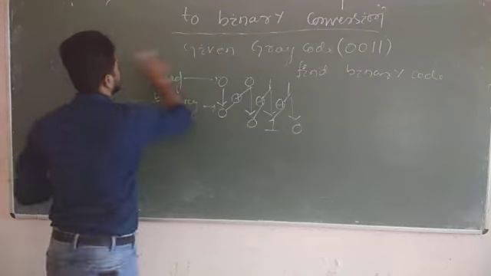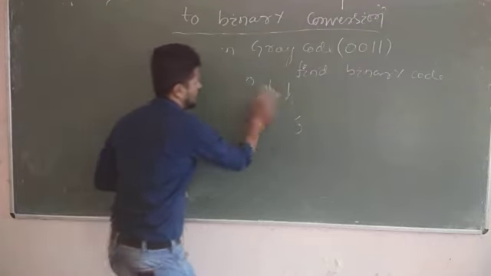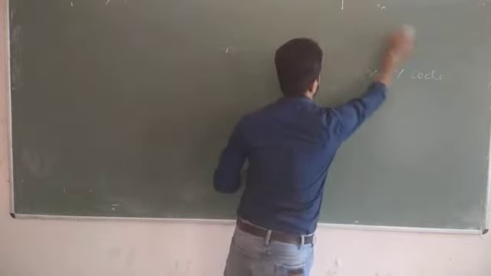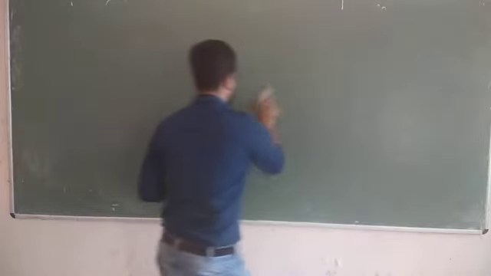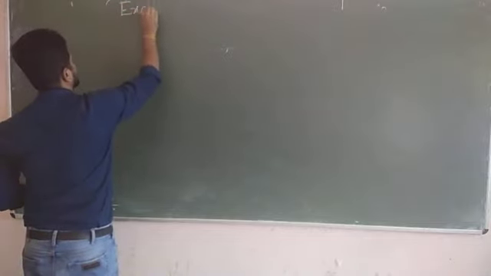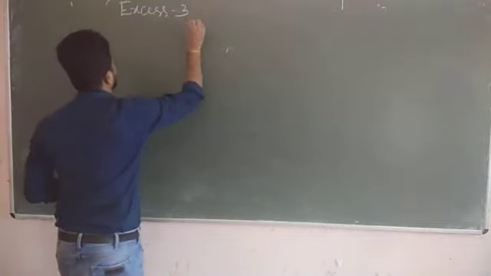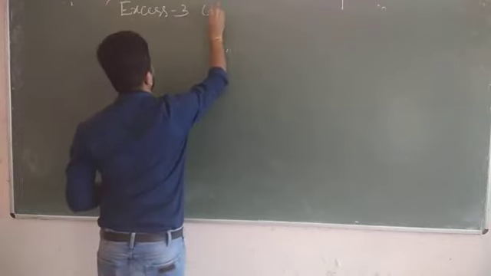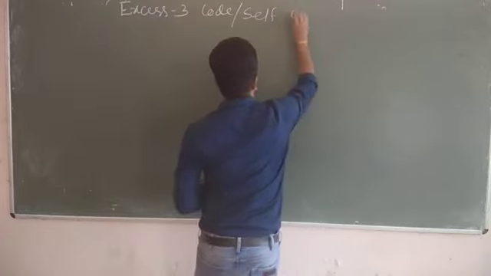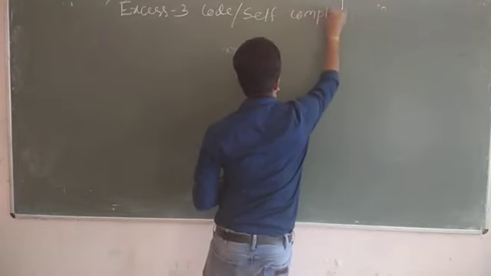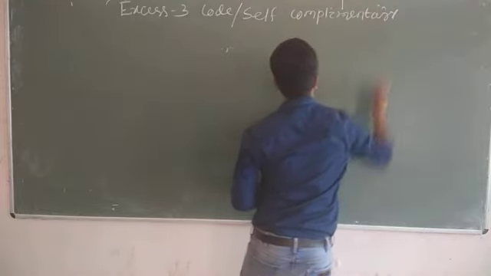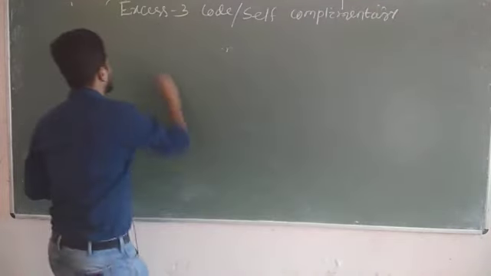So the next is XS3 code. This is another very important code, that is your XS3 code, or this is also known as self complementary code.